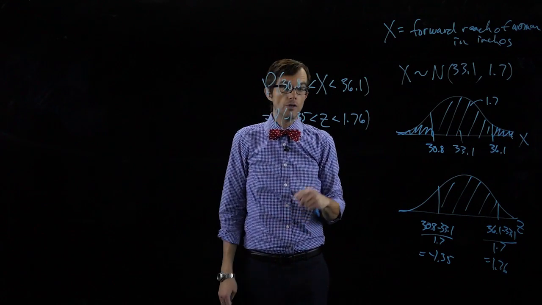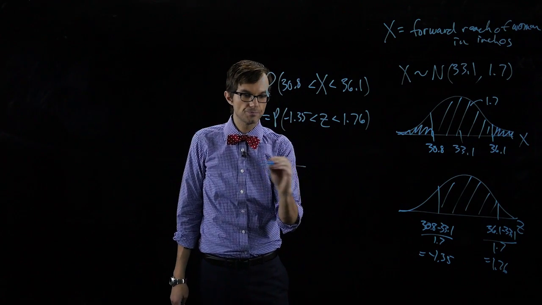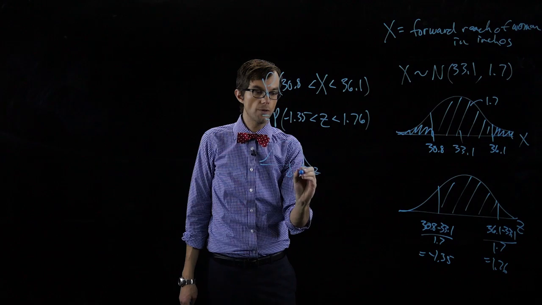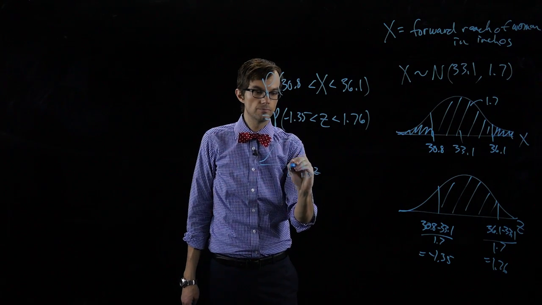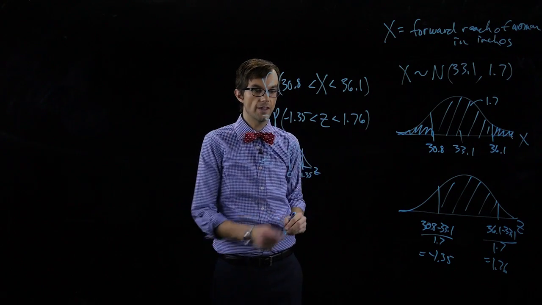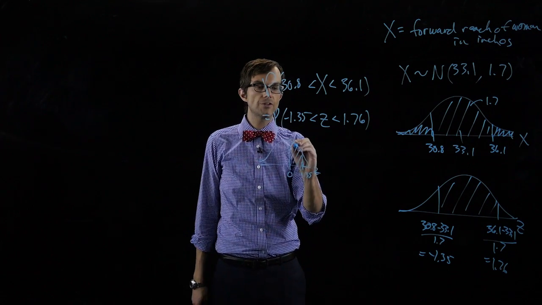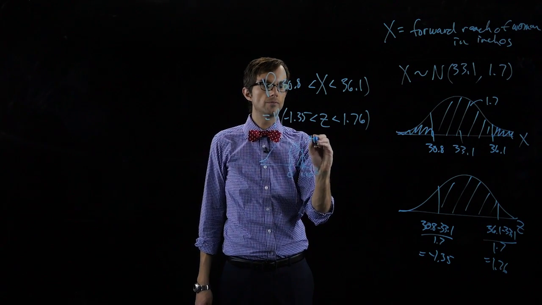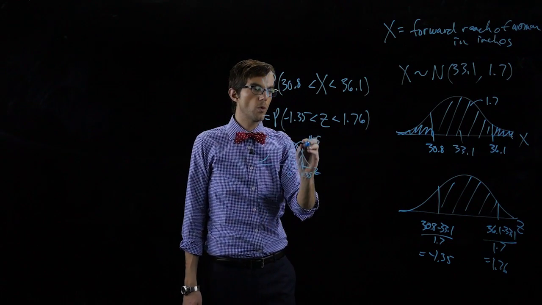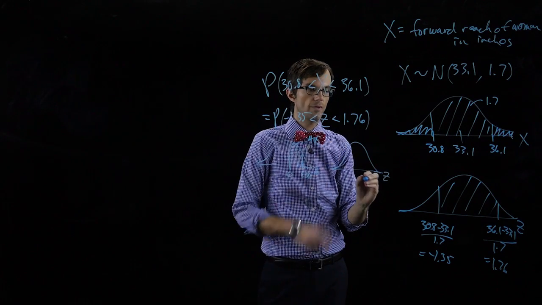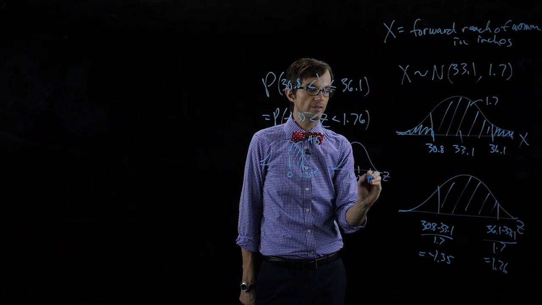Okay? So let's first find this. We go to the z lookup table between 0 and 1.35. That's going to be equivalent to the area between 0 and negative 1.35, and that should be 0.4115. Okay, 0.4115. Over here, we've got between 0 and 1.76.